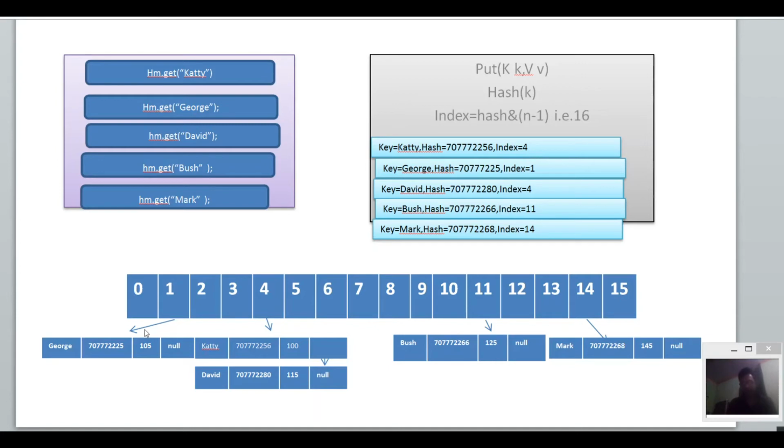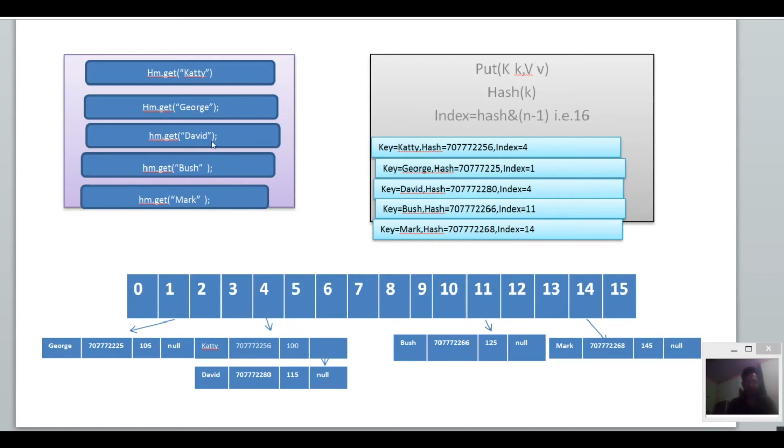Here again the calculated hash code and the stored hash code will be matched. Both are the same. Again the keys will be checked whether both are equal or not. Here both are equal. So 105 as a value will be returned.